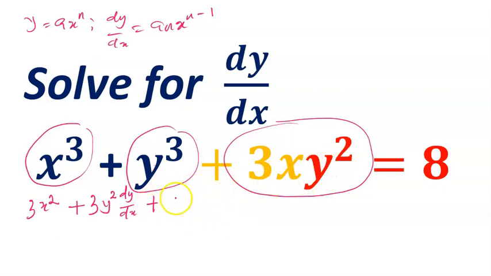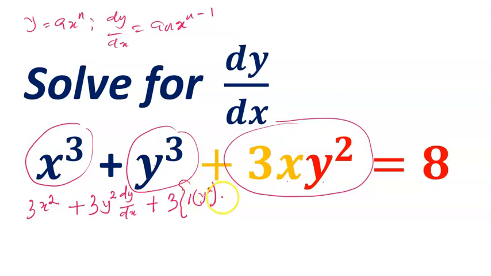This is where it becomes a little complicated, but if you follow me, it's very, very easy. Pick the 3 first. I'll differentiate x and keep y constant. If I differentiate x, x will become a 1, and I'll keep y squared constant.